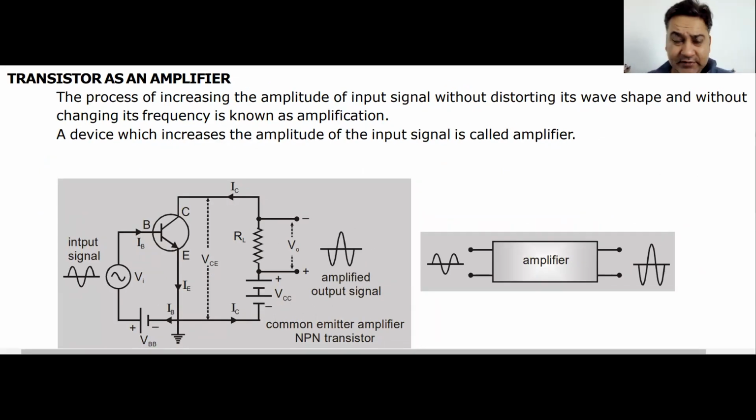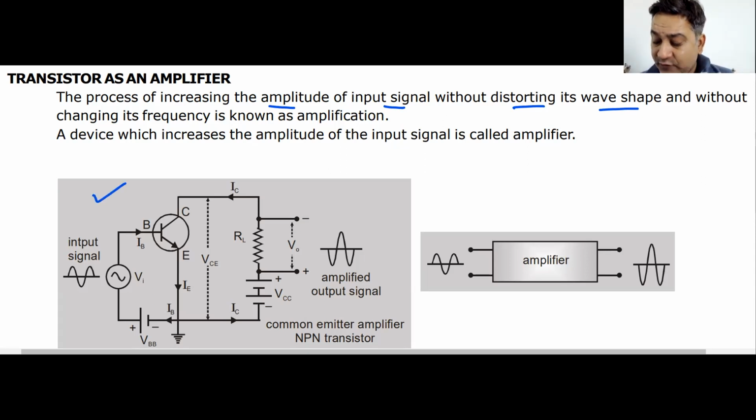Correct. Amplify. Make it big. If I increase the amplitude of a signal without distorting its wave shape, if it is a sine wave, it remains a sine wave, but the amplitude becomes more, so it becomes a bigger sine wave. That is what an amplifier is all about.